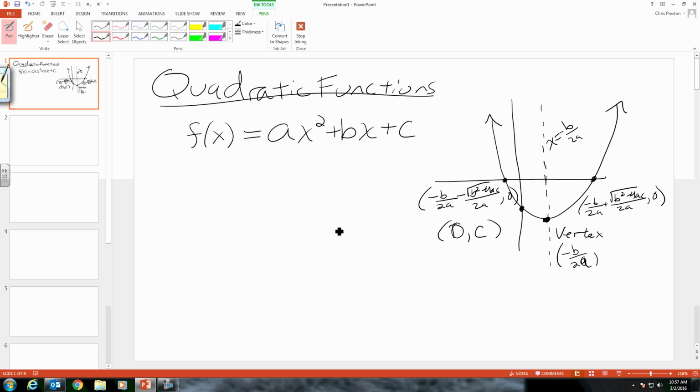Well, just like with any kind of equation, if you're looking for what y values match up with an x, you plug that value into your equation and you work it out. So by definition, the y value would have to be f of negative b over 2a. Now, that's one way to write the equation, and that's how we find these various things.